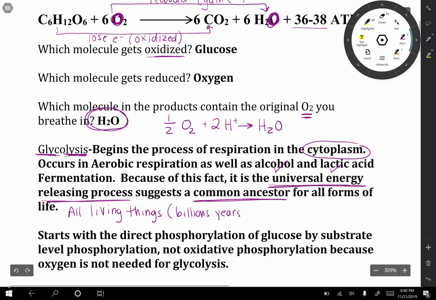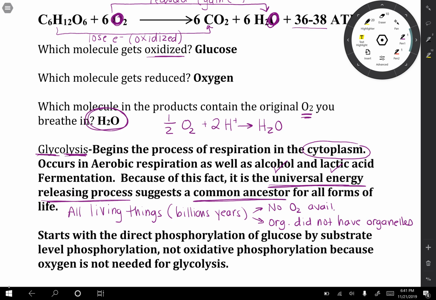And the key here is this happened when there was no oxygen available in the atmosphere. And this happened before these organisms had organelles. So therefore, things like mitochondria, they didn't exist yet in cells.